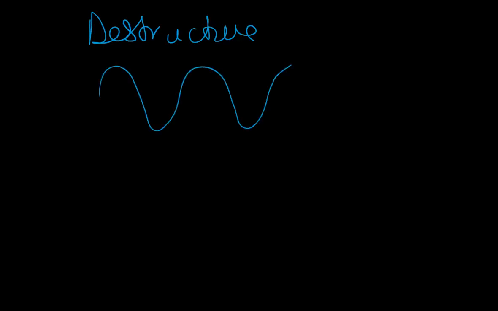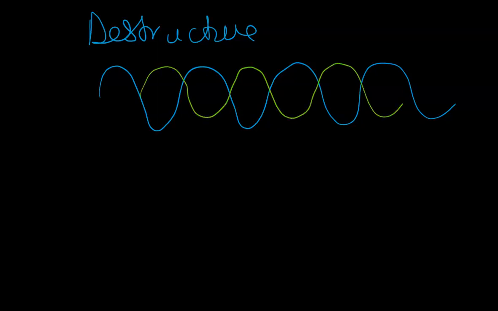Now, consequently, if I look at destructive interference, then I want crest and trough to overlap. So I would look at half a wavelength differences. Here I would want my second wave to be overlapping like this, so that the crest of one overlaps with the trough of the other and it cancels the wave. So the two waves must differ by half a wavelength.